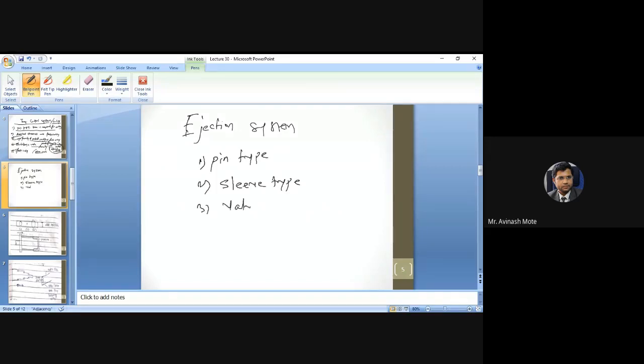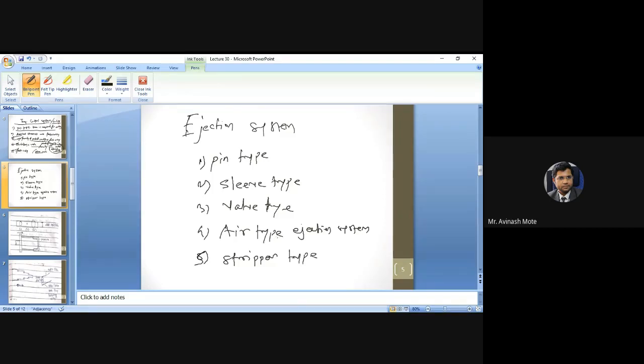Next is the wall type ejection system. Fourth is the ear type ejection system. And fifth one, stripper type.